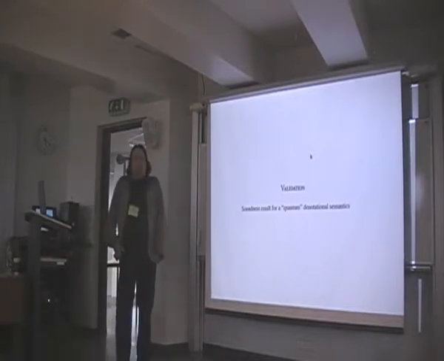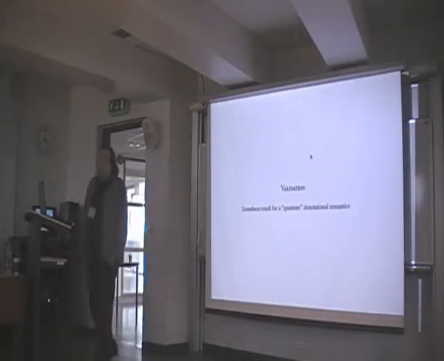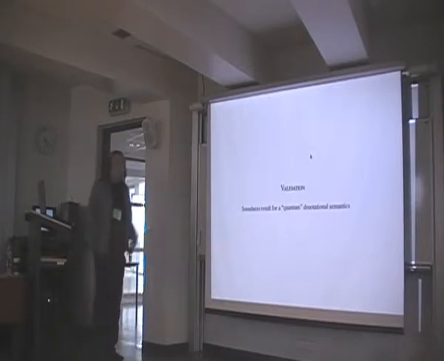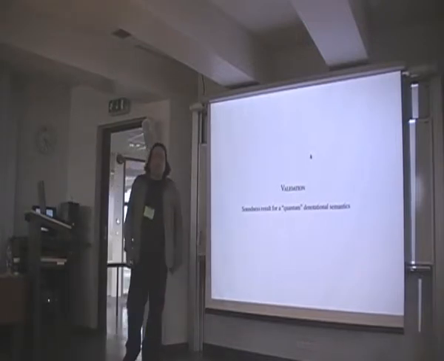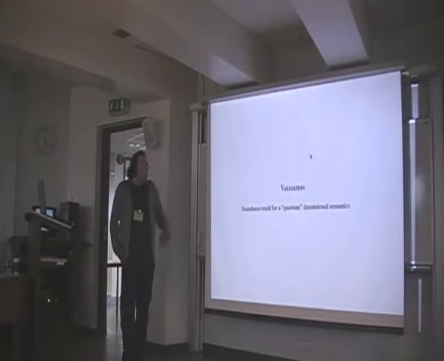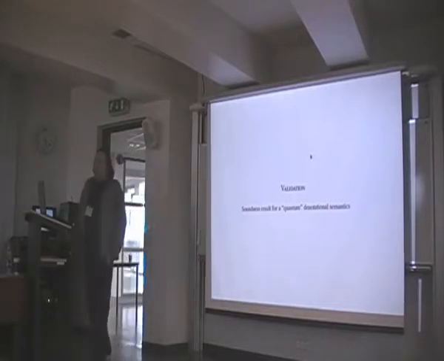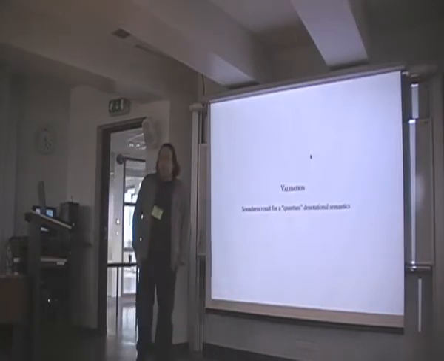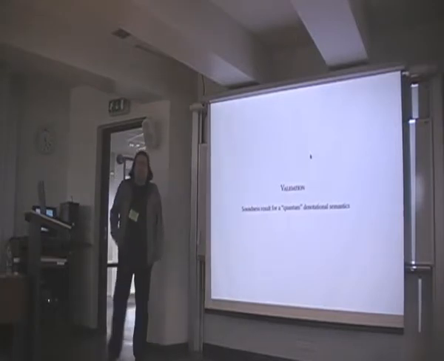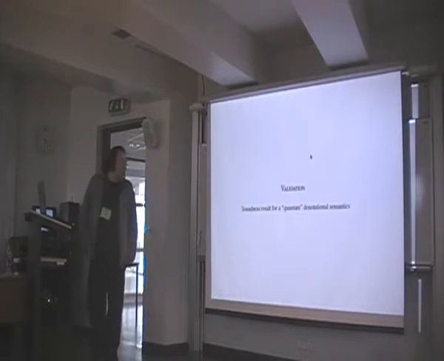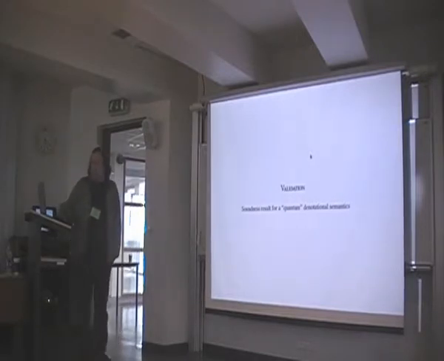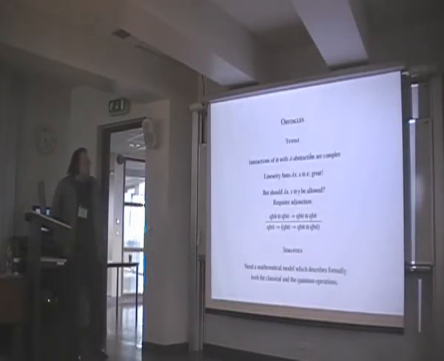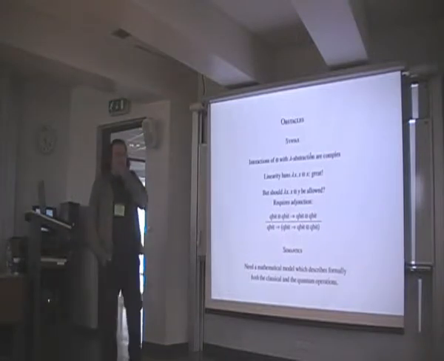Ideally, we would like to validate the type system we construct with a soundness result, where we interpret our language and types using some quantum mechanical formalism. So that's the plan. But there are problems.